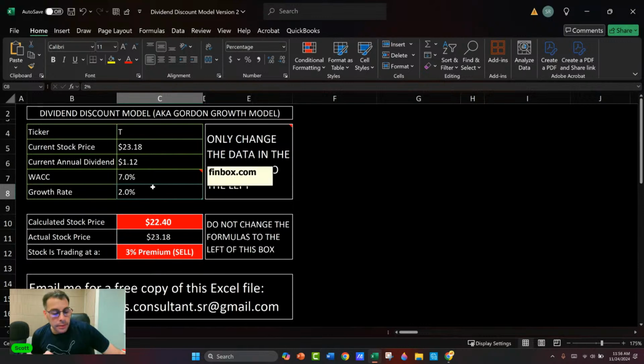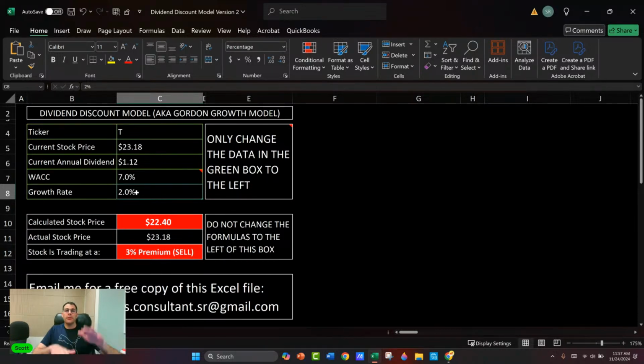Because there's a lot of nuances to these types of models. The Gordon growth model assumes the growth rate is the same in perpetuity, which we know is not the case. So we can add another layer to this model where you can even have a 0% growth for like 3-4 years, and then starting in year 5, they're going to grow that dividend at a different rate.